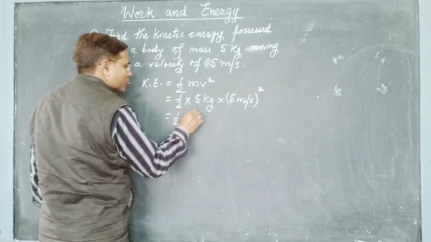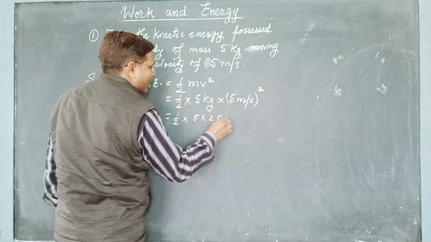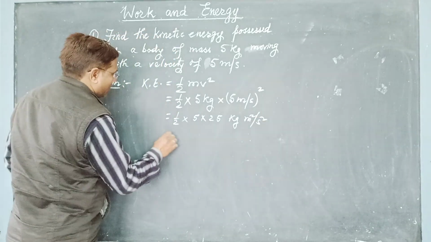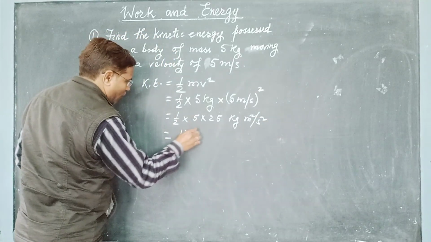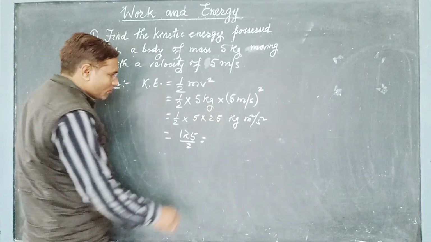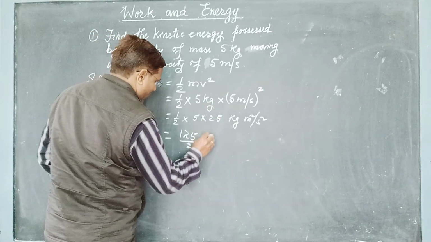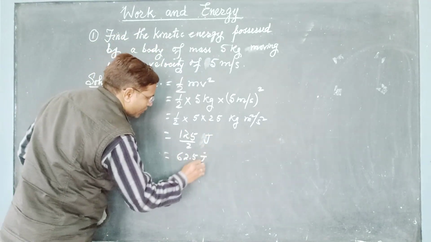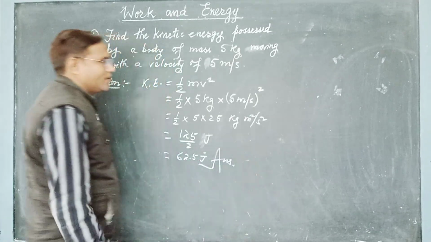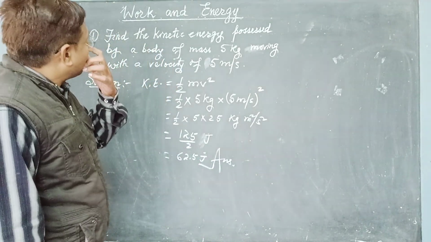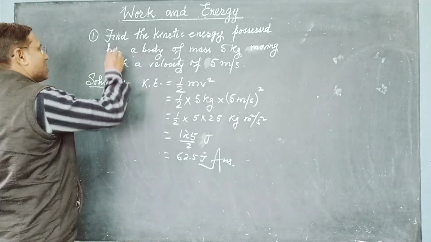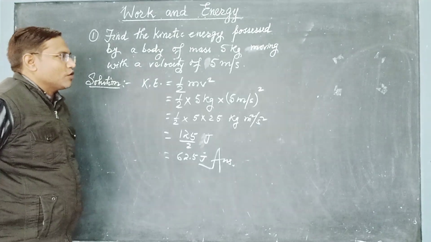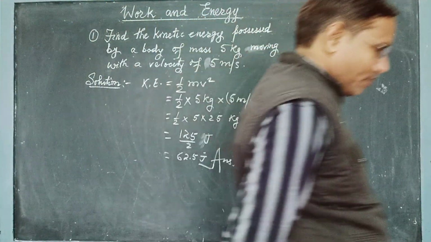So 1 by 2 into 5 into 25 kg meter square per second square, and we will write 125 by 2 joule, or we divide and write 62.5 joules. Find the kinetic energy possessed by a body of mass 5 kg moving with a velocity of 5 meter per second.